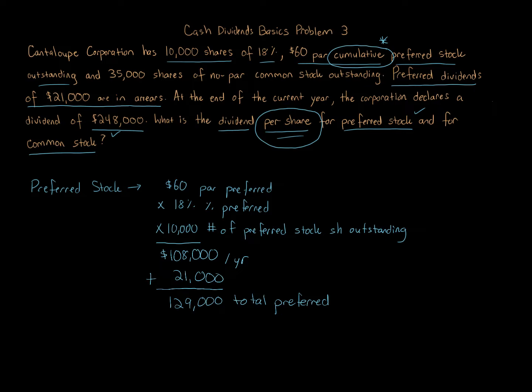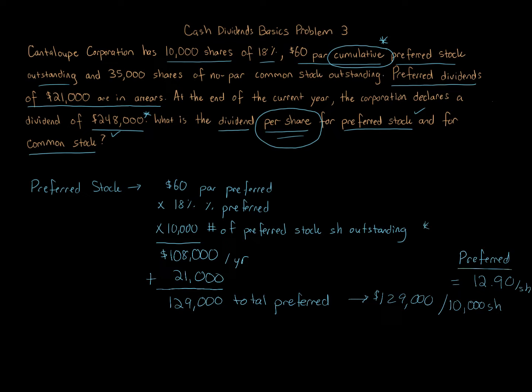So we need to look at how much is being paid. $248,000 total, so all $129,000 is going to get paid to the preferred shares. How many shares are outstanding? There are 10,000 shares outstanding. So $129,000 divided by 10,000 shares equals $12.90 per preferred share.